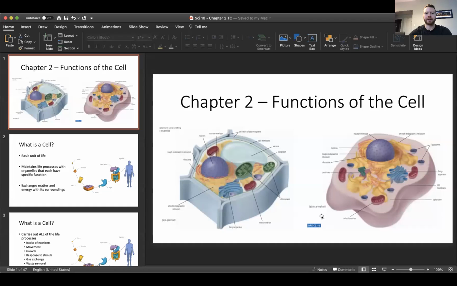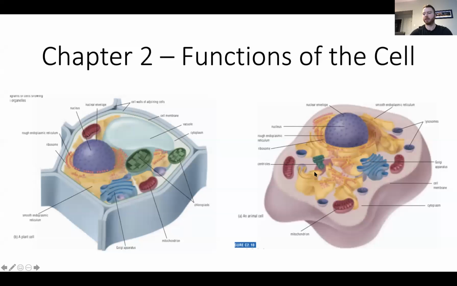Today we are moving on. We're going to continue with our talks about the cell. We're going to be looking at the organelles that are found in both animal and plant cells. And then we're also going to look at organelles that are only found in plant cells and organelles that are only found in animal cells.